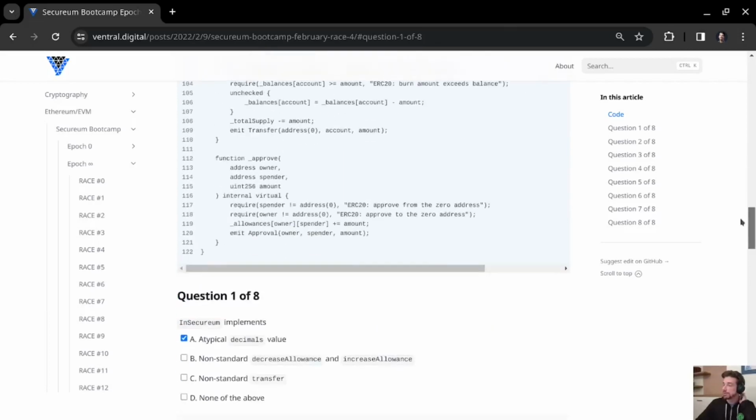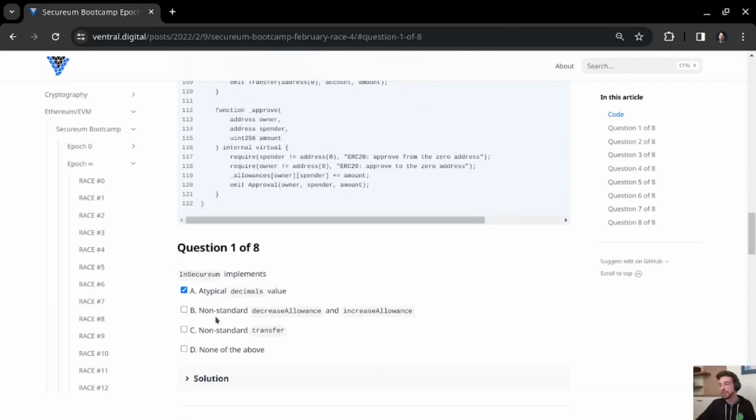These are not part of the ERC20 standard, but they are more like helper functions, because we have already in a previous race discussed the possibility of front-running attacks in regards to approvals. And these decrease allowance and increase allowance functions basically prevent such front-running attacks from happening. So indeed, it implements non-standard decrease allowance and increase allowance functions.